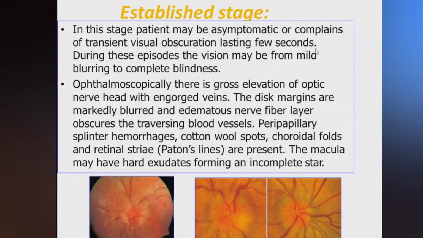During ophthalmoscopy, we see edema of the optic nerve head, and we can't see the margins or borders of the optic nerve head. And not just the optic disc is affected, but also the macula may be affected.